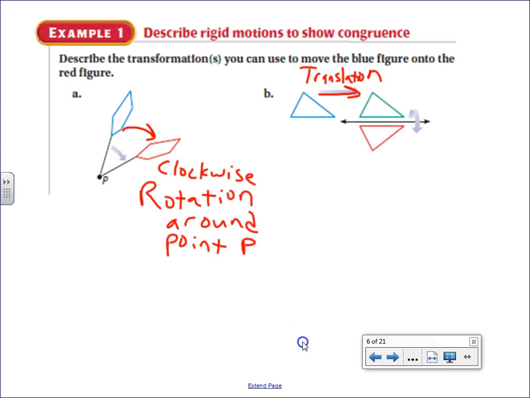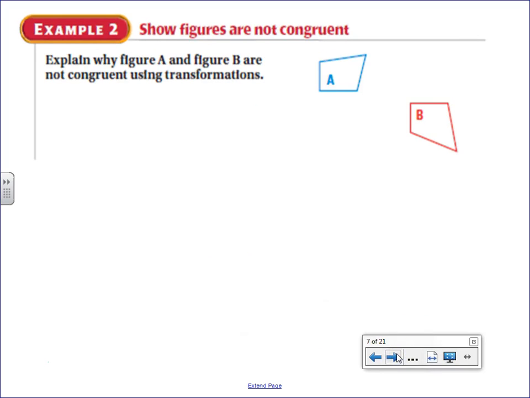And then we flip it across the line, that would be a reflection. And that would be a composition of transformations. We'll get more into those later on in our unit. Right now we're just looking at the basic transformations.